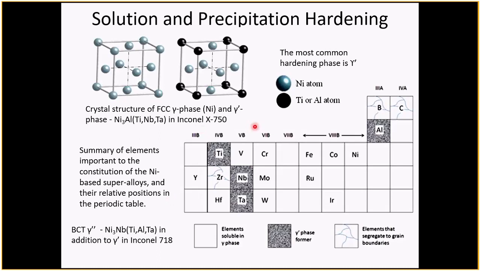So here's a periodic table to show you which elements in nickel tend to form these gamma prime or gamma double prime precipitates, which make the material precipitation hardenable. If you heat treat a nickel alloy which has enough aluminum, titanium, niobium, or tantalum in it, you can form precipitates which harden the material.